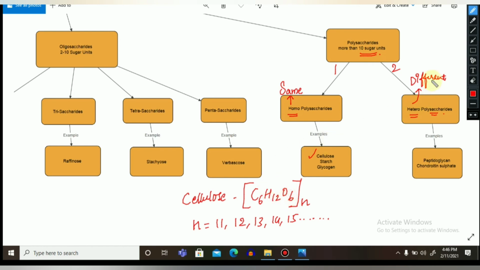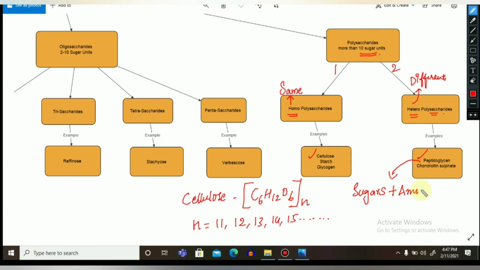Now when it comes to heteropolysaccharides, let us take peptidoglycan as an example. In case of peptidoglycan, we have not got only one type of sugar unit and one type of chemical compound. Different chemical compounds are involved here. In peptidoglycan, we have got sugars as well as amino acids.